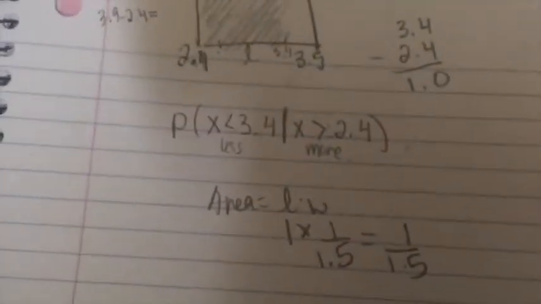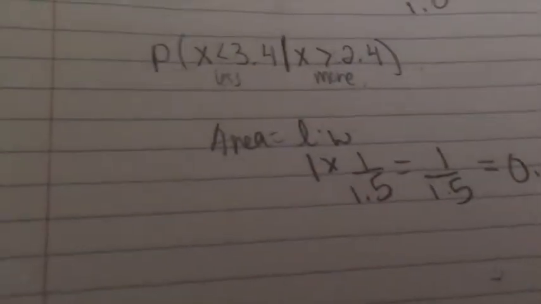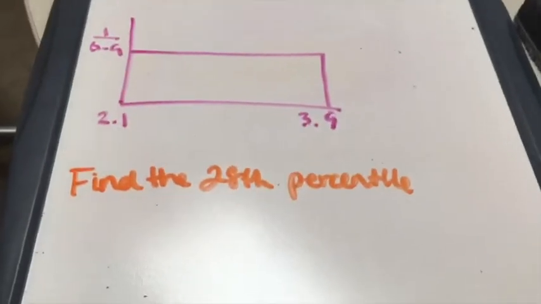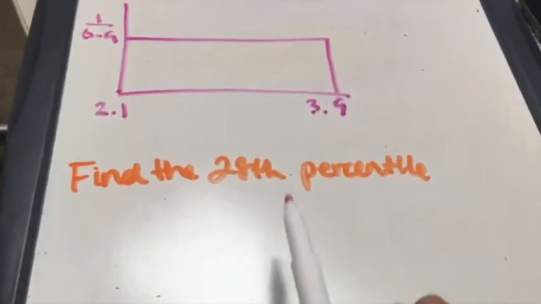And since there's that new a, you have the new width, and that new width is 1 over 1.5. Then you just multiply across. 1 over 1.5. And your probability is 0.667.